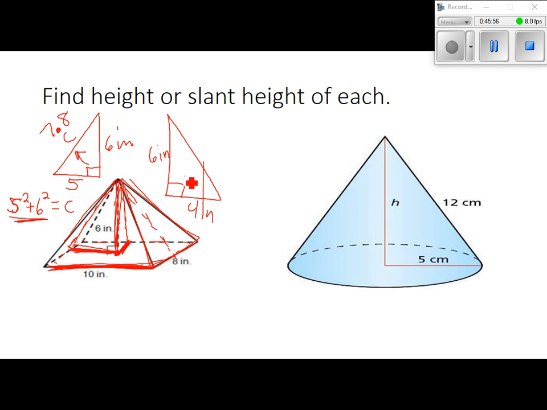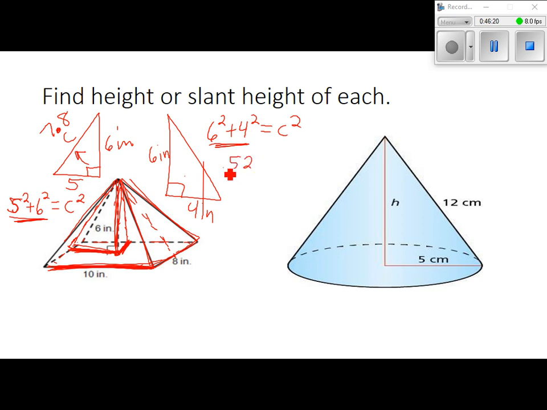So this slant height is 7.8. And then I could do the same thing on this one. It would be 6 squared plus 4 squared equals C squared. Then I just type this into my calculator: 6 squared plus 4 squared equals 52.